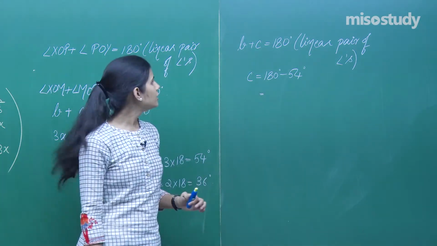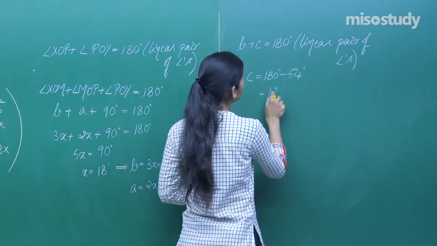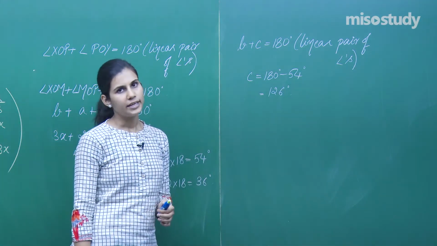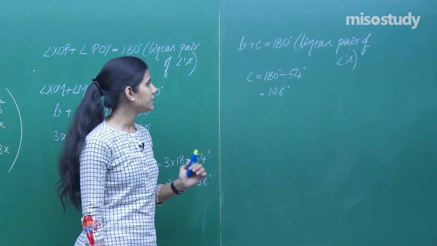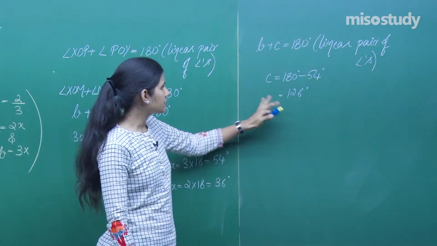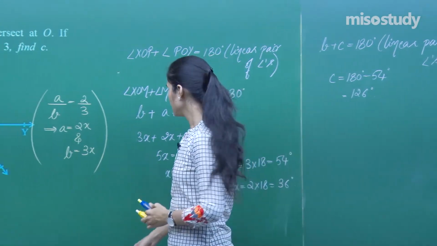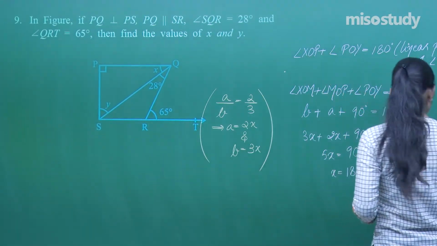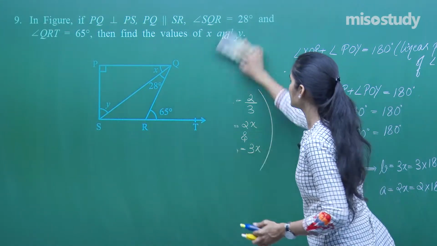Are you understanding? So you will have 126 as the answer. 180 minus 54 gives you 126 as the value of C. So you have value of A, value of B, value of C. Clear? Next question says that here in this figure we need to find the value of again X and Y.